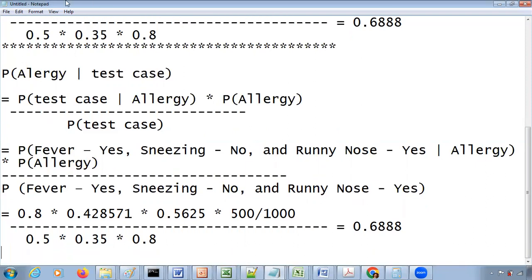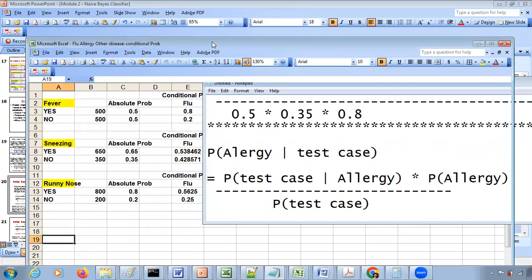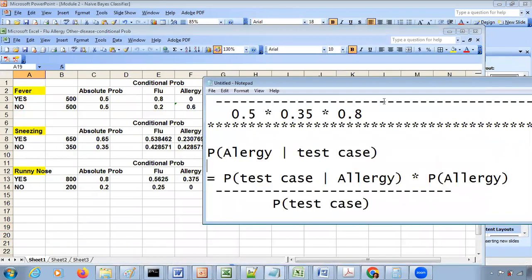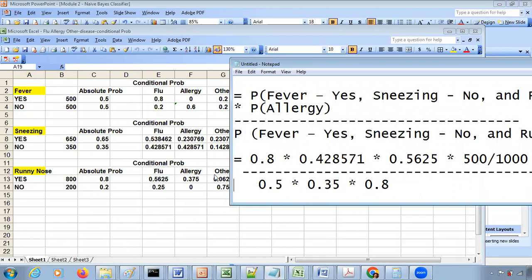Now we have to look at the allergy column for the conditional probabilities. Fever equals yes and allergy is actually 0.